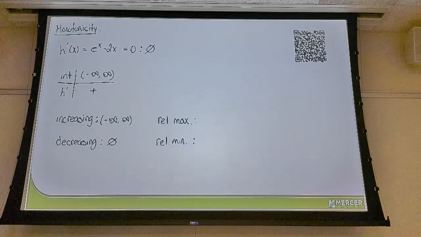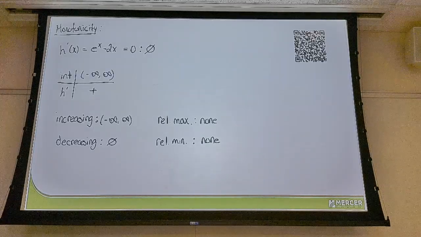No solution. The relative min would be at the vertex. There's no vertex, it's strictly increasing. Okay, so that wasn't as terrible as I was expecting. But we're not done.